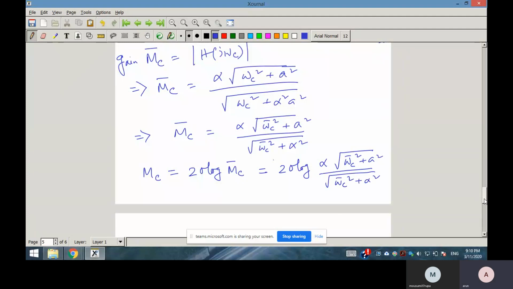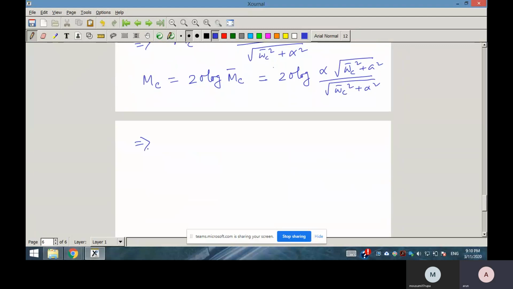So this implies MC equal to 10 log of, if you multiply by 2, so it will be 10 log of this square, that means alpha square into omega c bar square plus a square divided by omega c bar square plus alpha square.